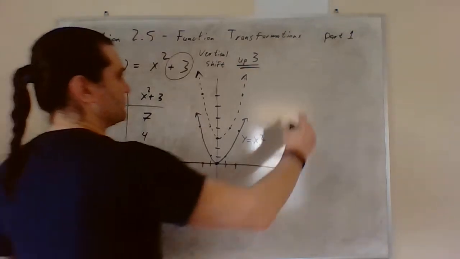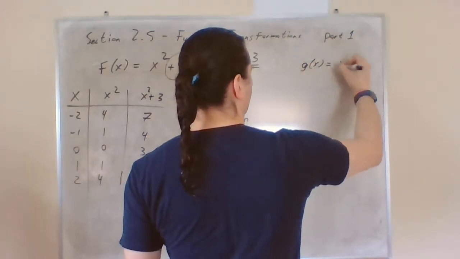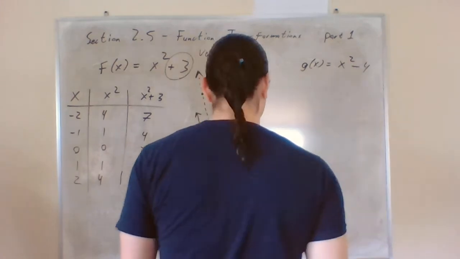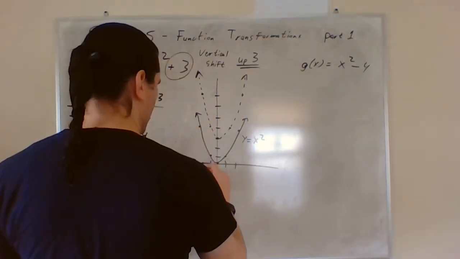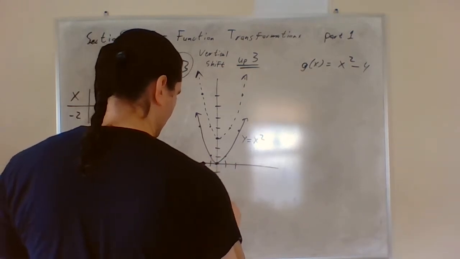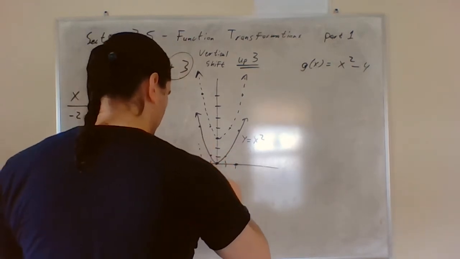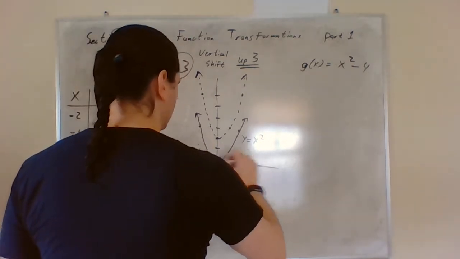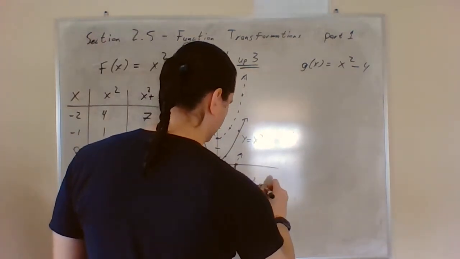Hopefully it's not too much of a stretch to imagine that g of x equals x squared minus 4 would be the same thing, but shifted down 4 units. 4, negative 3, negative 4, negative 3, and 0. So this is y equals x squared minus 4.